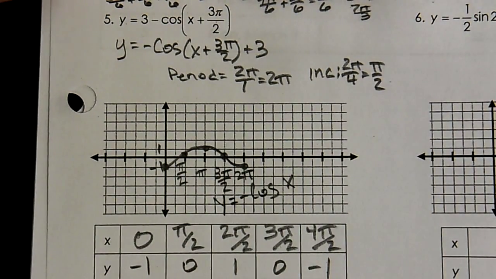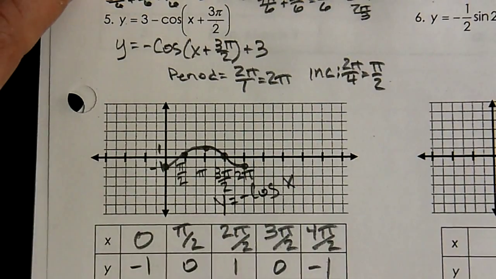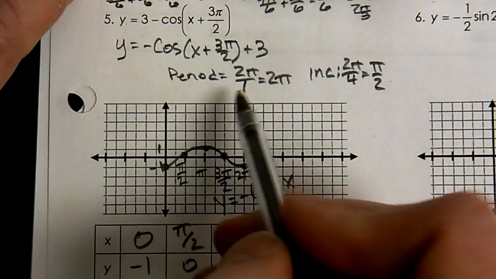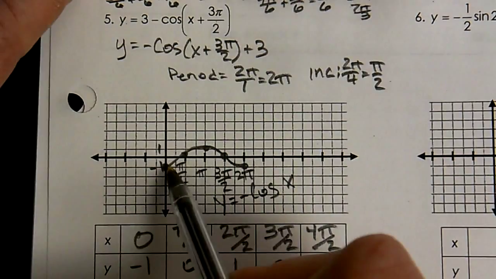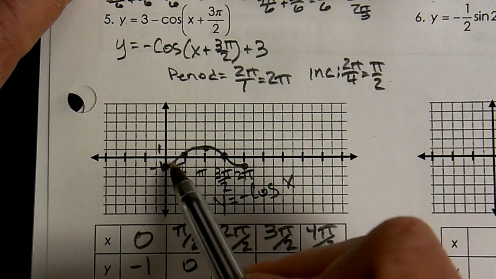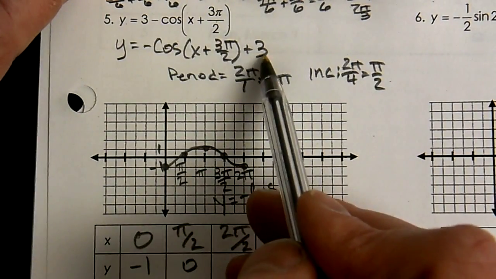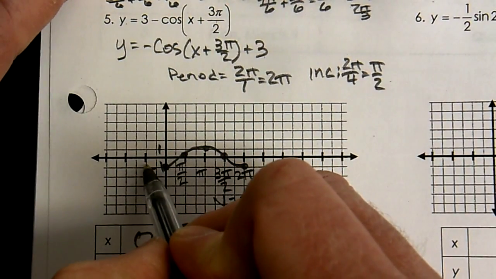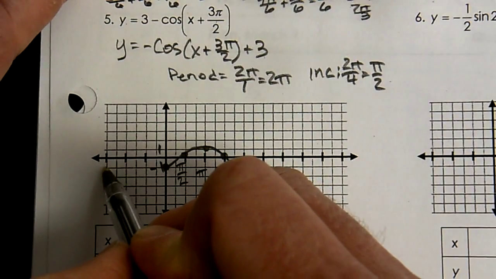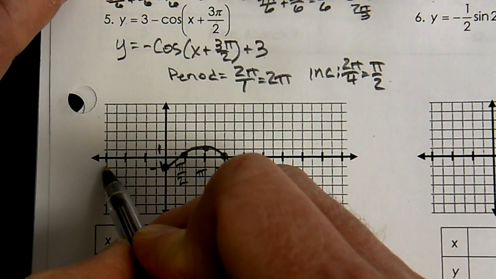We get a different color, and we're going to translate our graph 3 pi over 2's. Well, our scale's pi over 2, so we have to take 3 lines to the left and still up 3. So 1 increment, 2 increments, 3 increments, because it's 3 pi over 2.